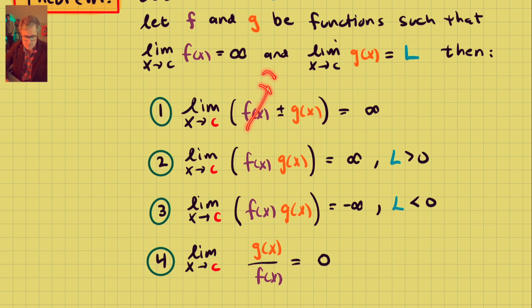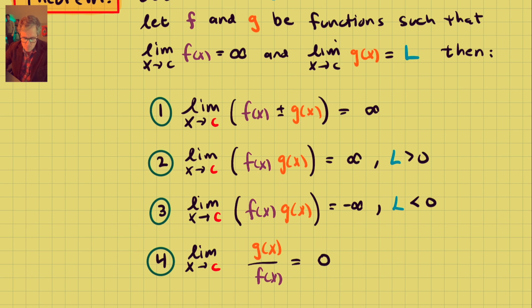Again, if this is infinite and this is 5, what's infinity minus 5? Infinity. All right. And so similarly for products, if f of x goes to infinity and g of x goes to a finite number, then the product of that is going to have an infinite limit also.